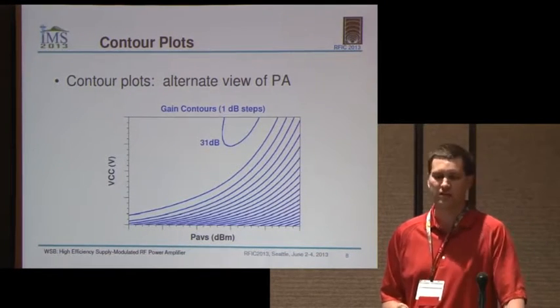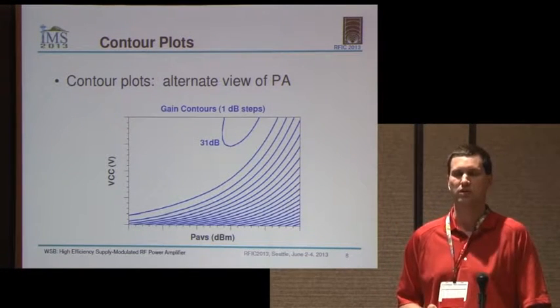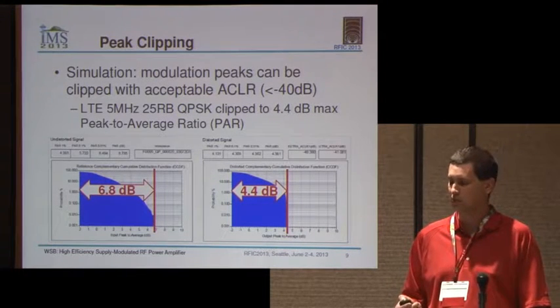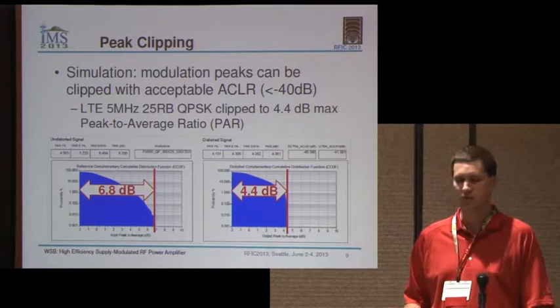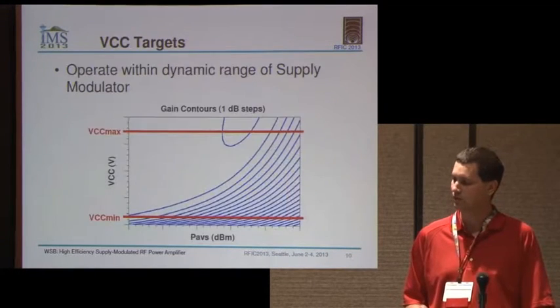So in the next few slides, I'm going to take this contour plot and develop it into setting some boundaries for the load line targets of the PA. I have a slide here on peak clipping, but it fits better later in the presentation, so I'm going to skip over that and come back to it in a moment.